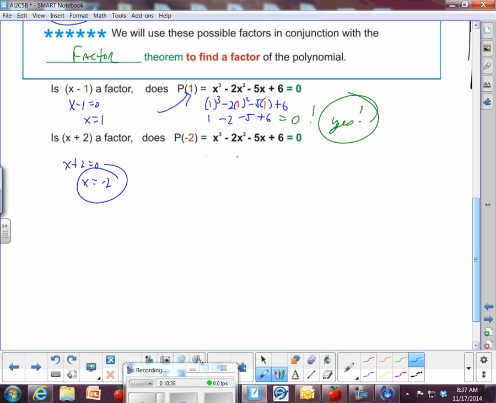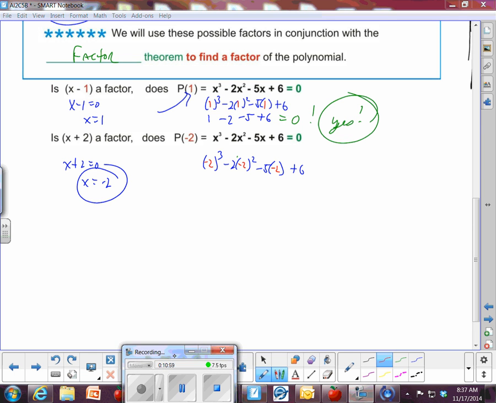All right, so go ahead and sub in a -2 everywhere where you see the variable and see if you end up with 0. Be careful with your positives and negatives. Go ahead and sub in. See where you end.